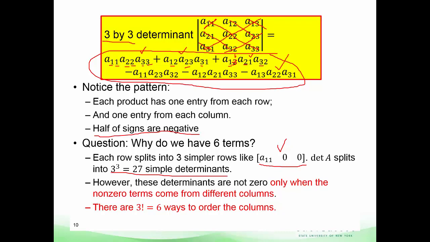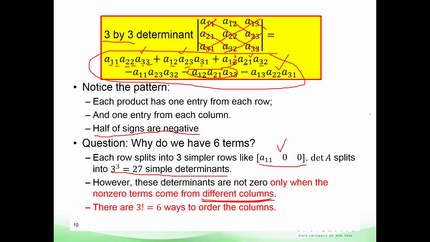So the key is that we can only draw from different columns. If we try to draw a term that has the same column, then that determinant actually ends up being 0.